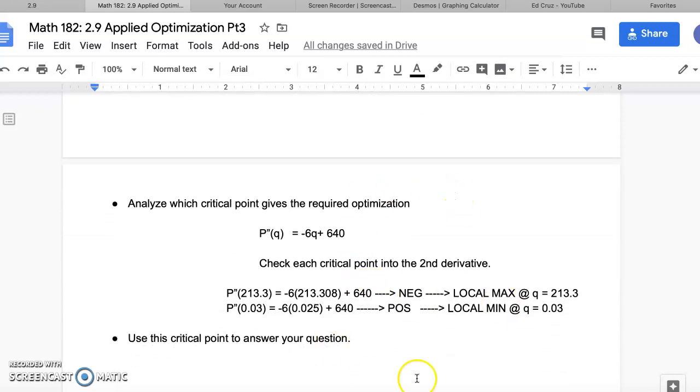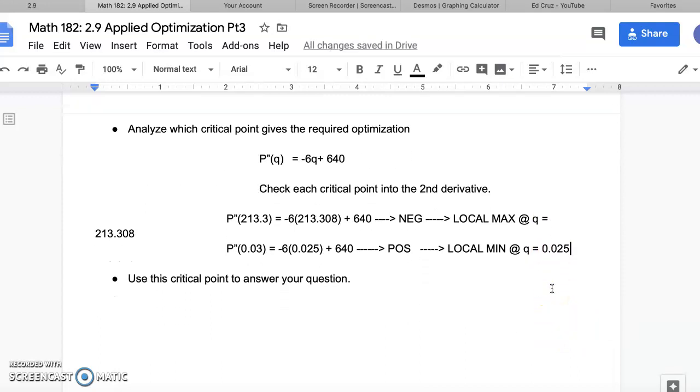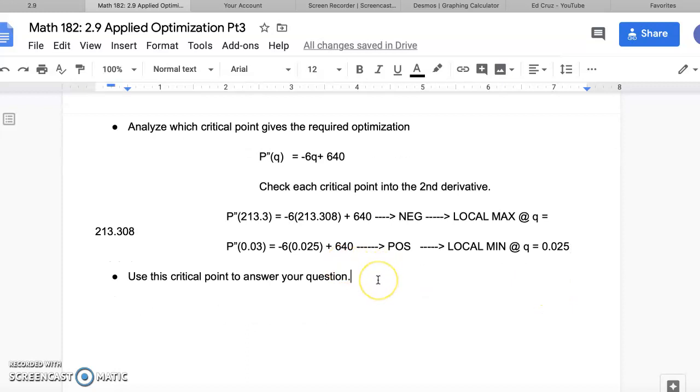And I should have read ahead. Okay, so 213.308 and then 0.025. So rounding, our answers then become, we have a local maximum profit at Q equals 213.31.